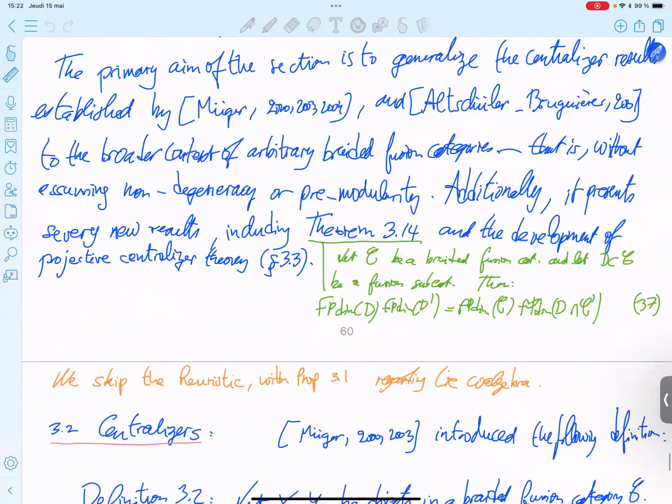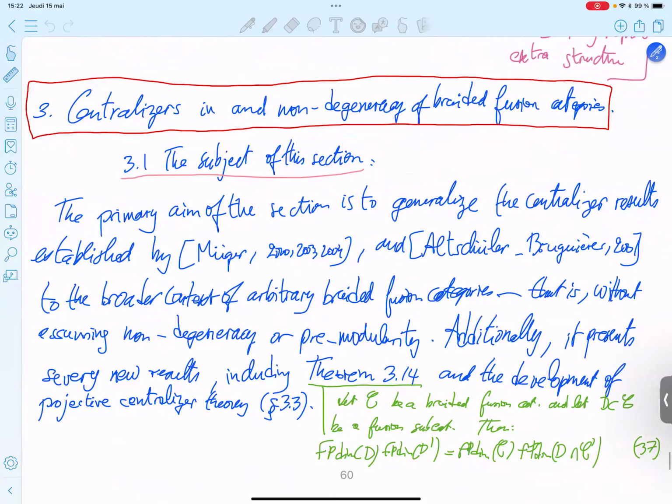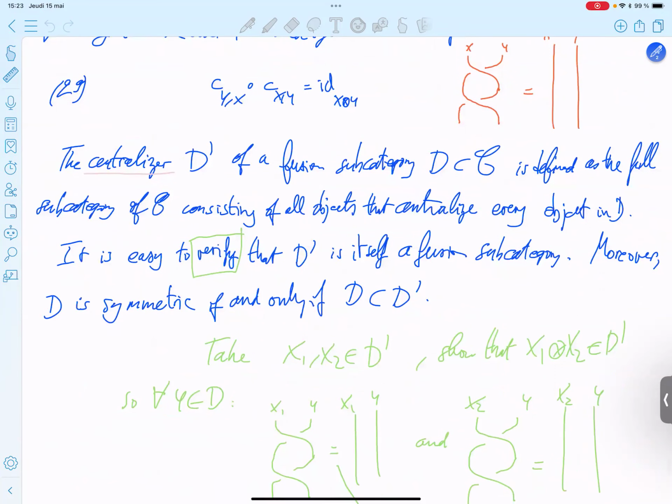The chapter on centralizer, the subsection dedicated to defining what a centralizer is, even if we already mentioned that several times before.